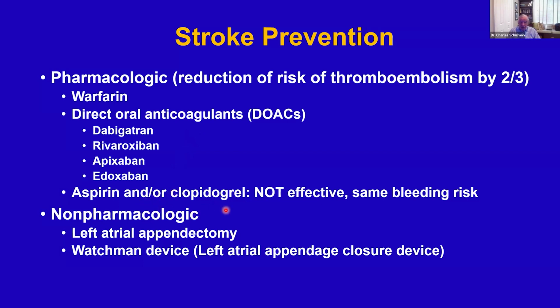Aspirin and/or clopidogrel are not effective. They have been proven in randomized studies not to be effective, and yet carry the same bleeding risk as anticoagulation. So aspirin does not count.